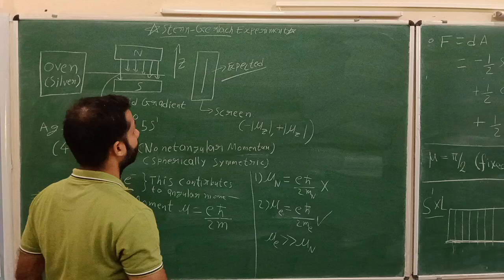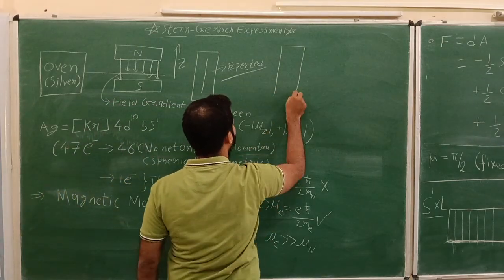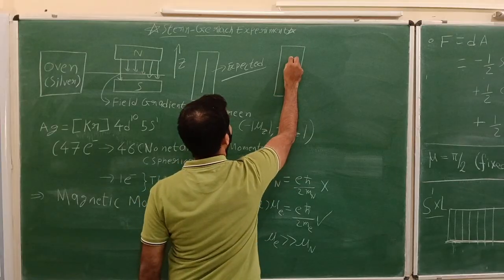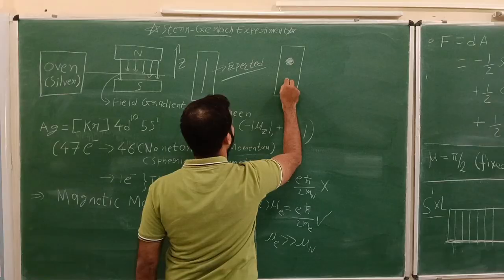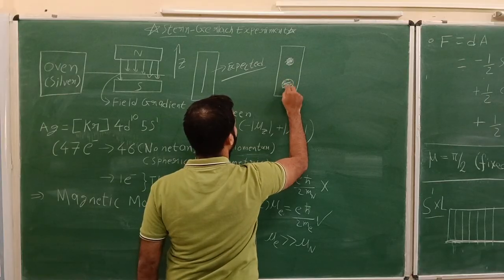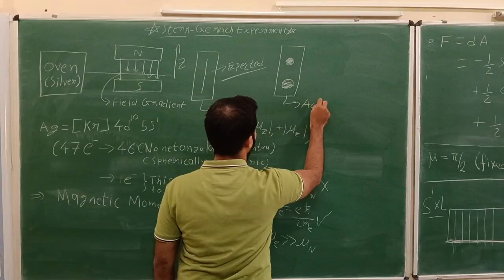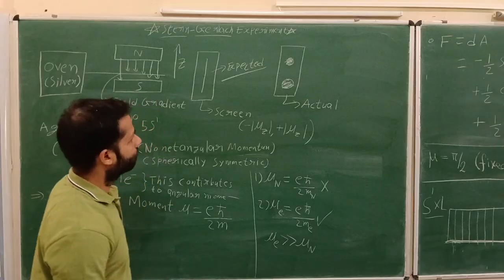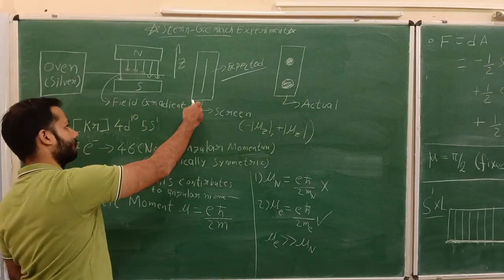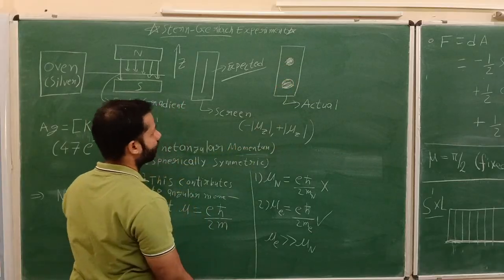but what they were able to see was, instead of a continuous line, two bright spots separated by some distance.